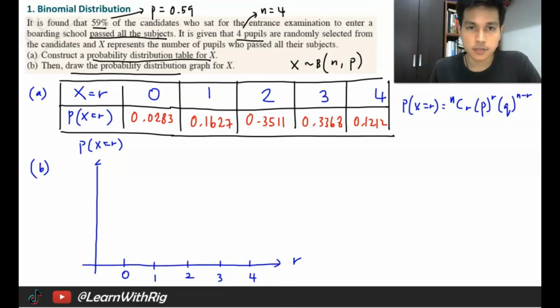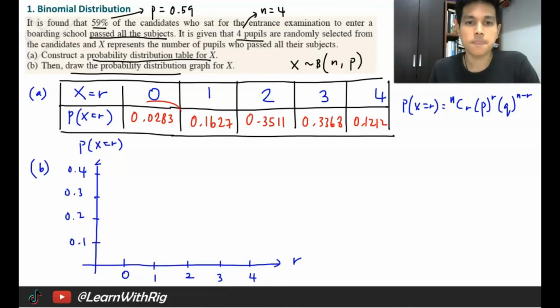Then you see here you got 0.02, 0.1, so you can use the same as just now: 0.1, 0.2, 0.3, 0.4. I'm going to use the same scale as just now.